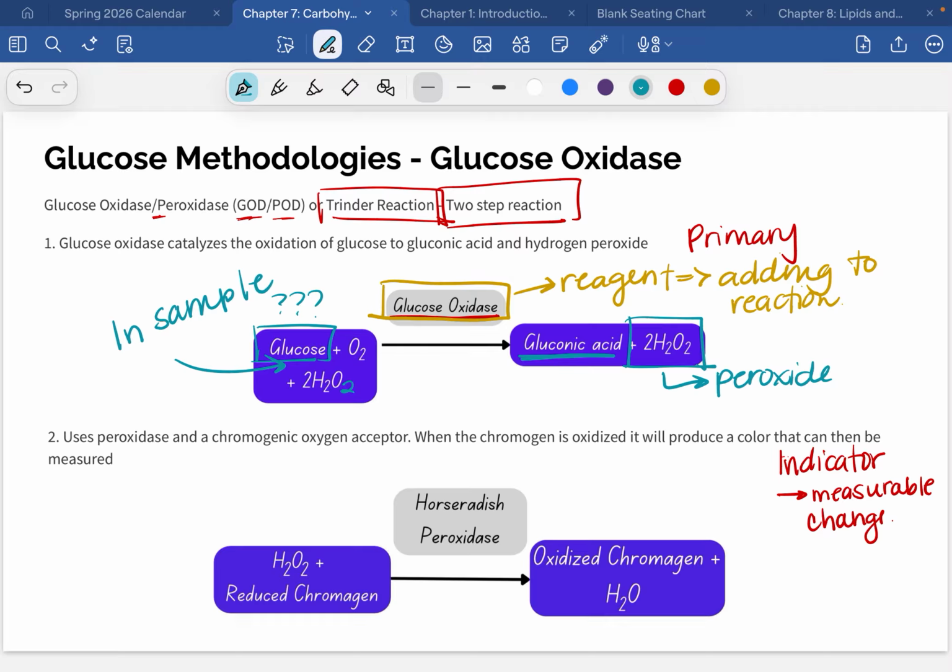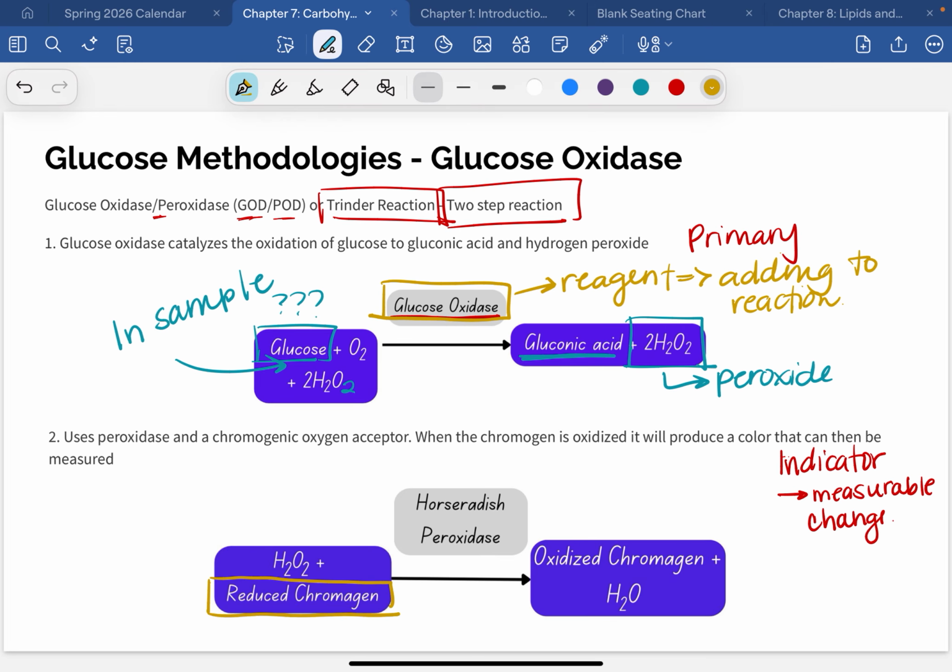Now, our secondary reaction, our indicator reaction, is going to be the thing that allows us to measure the change. So the reagents here are actually a chromogen and a horseradish peroxidase. This is another enzyme that acts on hydrogen peroxide.